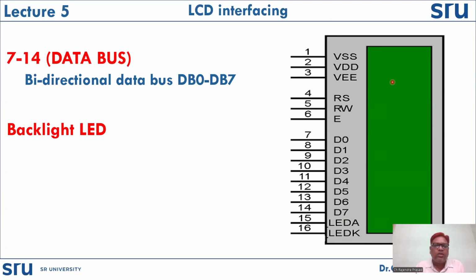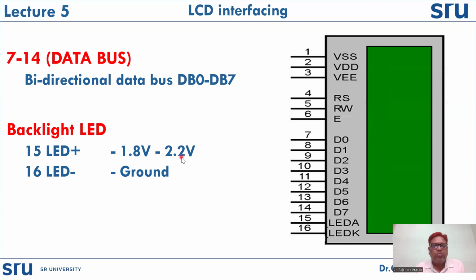So in those cases, we can use this backlight LED. On LED plus, you need to provide a voltage between 1.8 volts and 2.2 volts. And LED minus means LED cathode. LED cathode you need to connect to ground or 0 volts.